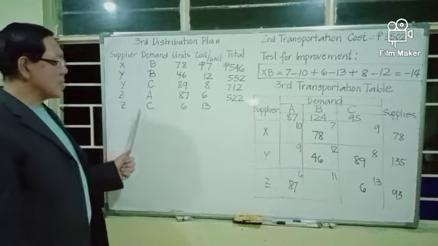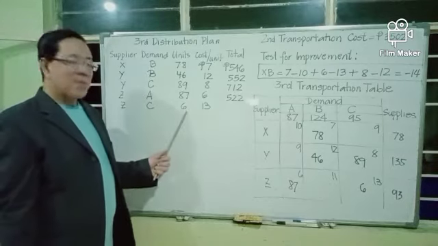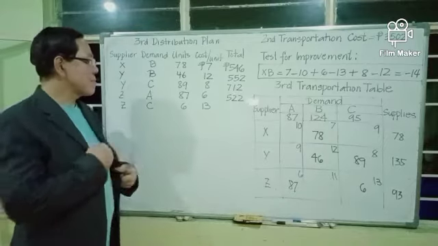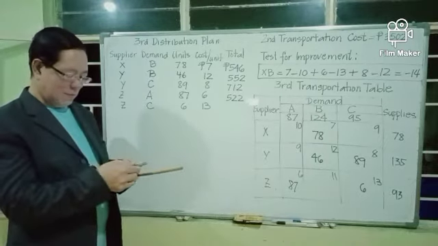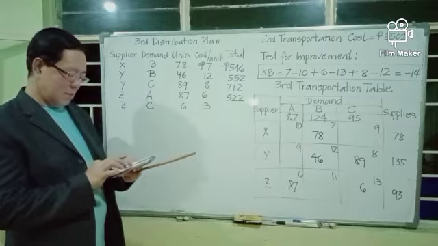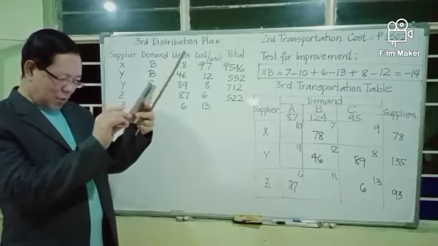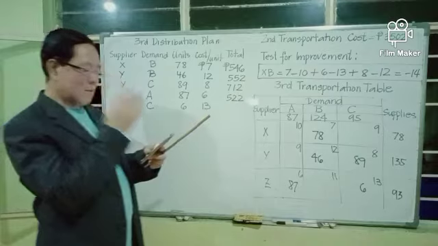Multiply 6 by 13. And you should get 78.